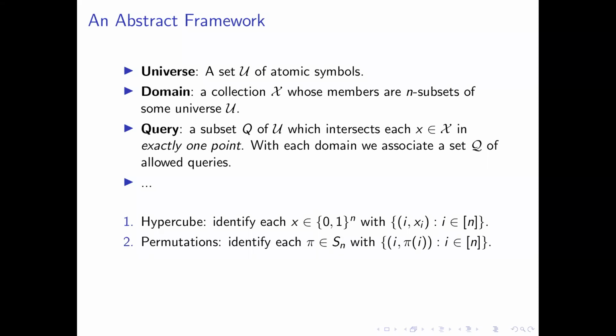For permutations, we can do pretty much the same thing: we have our indices 1 through n, and then the second coordinate is just what pi maps that index to. Perfect matchings can be done in a similar way. There are a lot more domains where this encoding can be done in a fairly straightforward way, and I won't go through all of those.